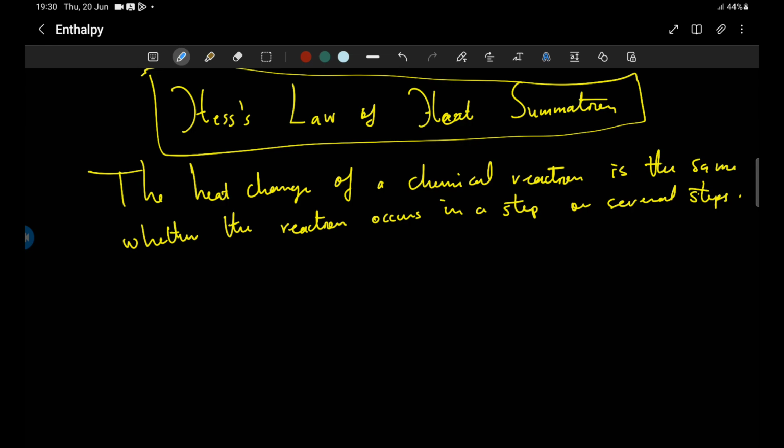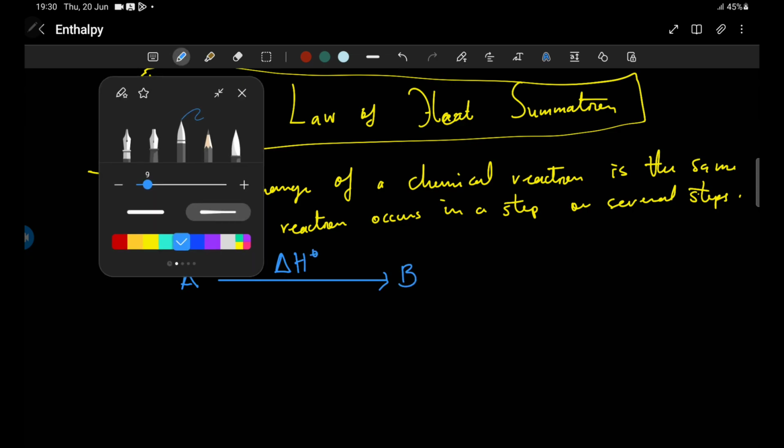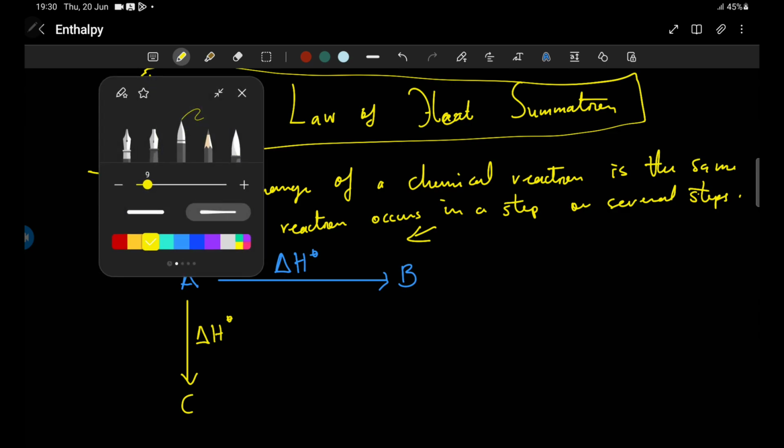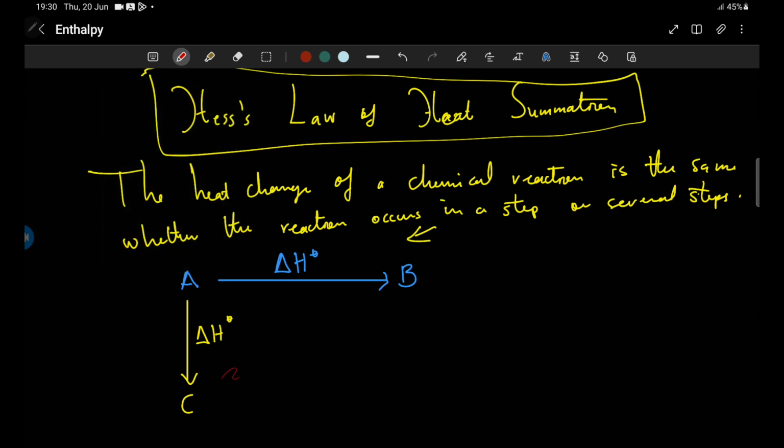For example, let's say you've got A. So step 1 goes to B. And then you have A, and this is another step going to C. So let's say, now, this is the main reaction, A to B. But the reaction could take other pathways.